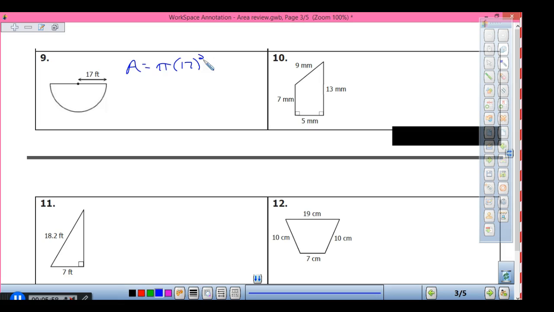No, I just have a semicircle. So once I find my answer, what am I going to have to do with it? I have to divide it by 2 because it's in half. So divide by 2. So 17 squared is 289 times pi gives me 289 times pi, what is that?